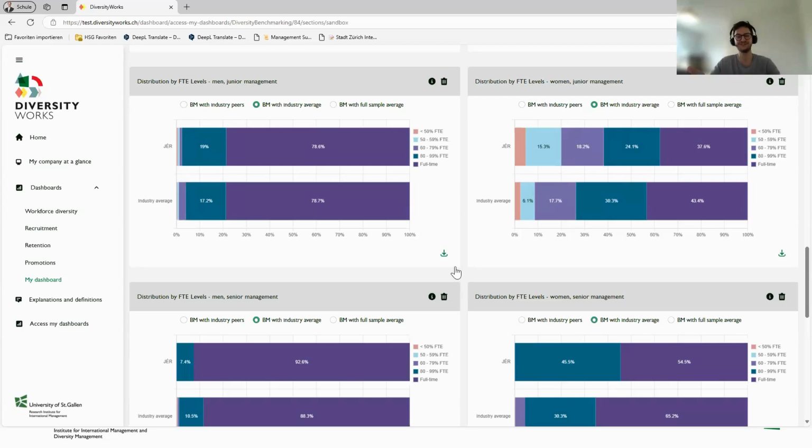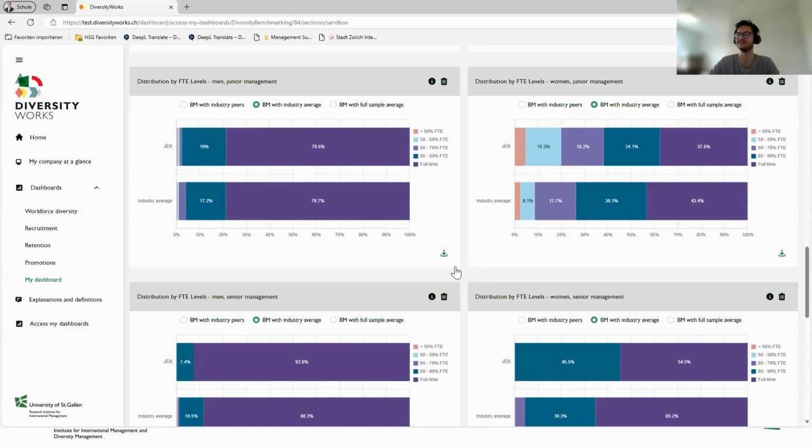Now with this, we can dive deeper into this. How do our promotions look like? Is there a specific age group where the differences between men and women increase, for example? And I'm thinking here about those between 31 and 40 years, as I mentioned, and so on. You really have to dive deeper into the topic to figure out the exact lever that you can and want to change and build your concrete measures on.